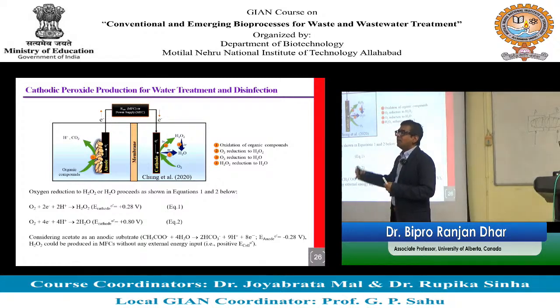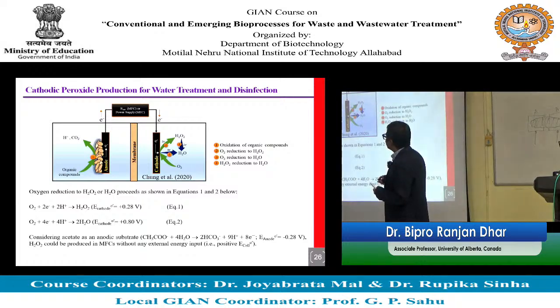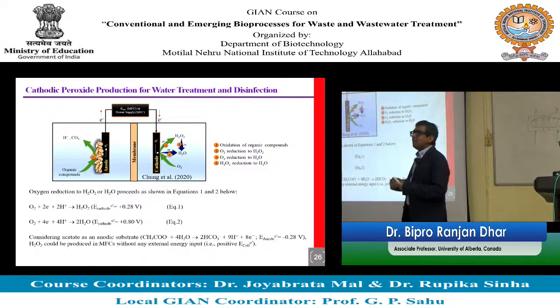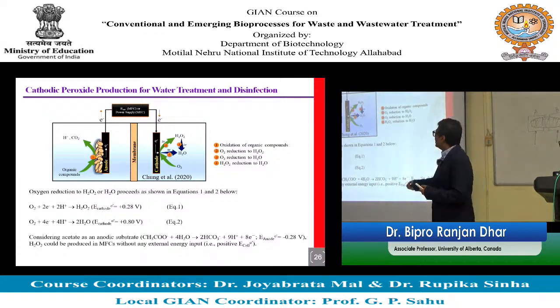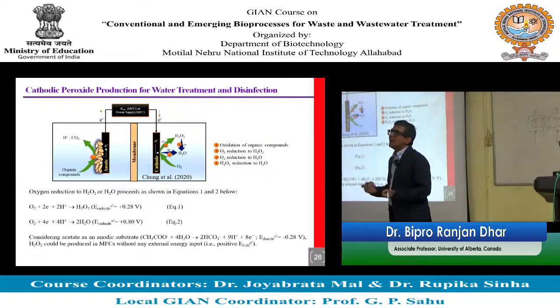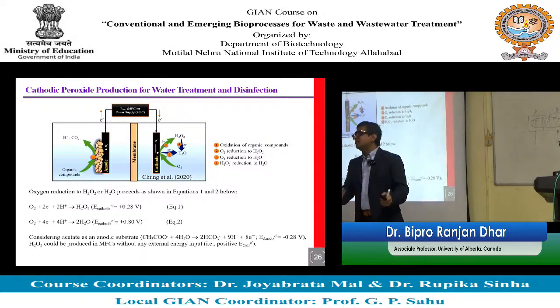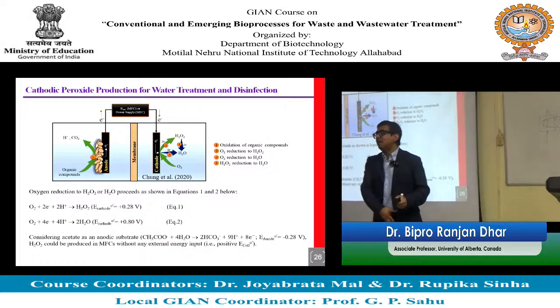First you have the 2 electron reaction, but when you have more electrons, that peroxide is decomposed to water again. So one technique could be, as soon as it's produced, you utilize it in situ.